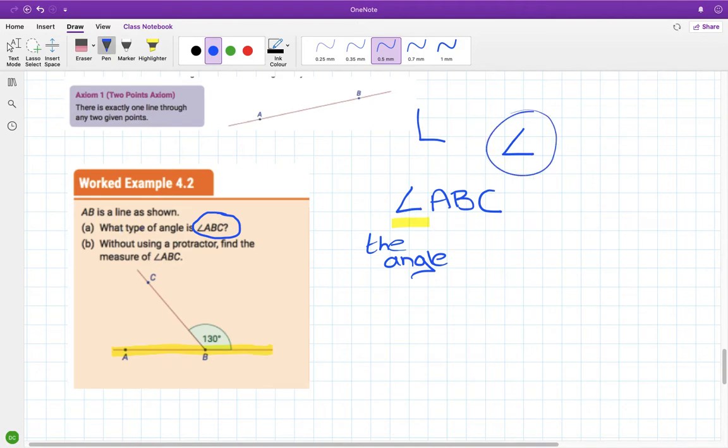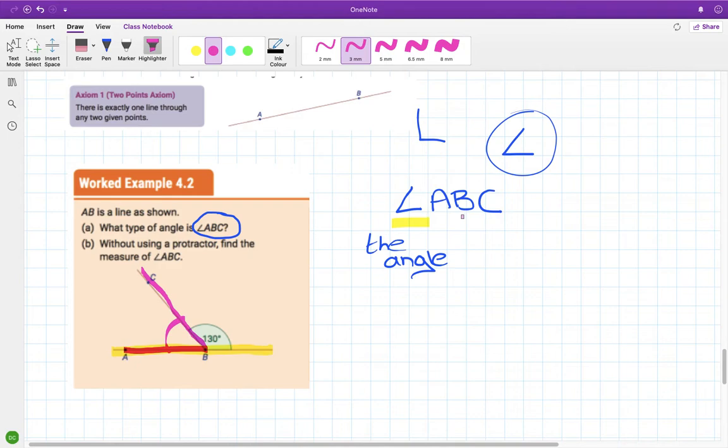Okay, so what type of angle is, translate, the angle ABC. When you read an angle ABC like that, you'd kind of trace it. So I start at A, go to B, go to C. So this is the angle they're talking about.